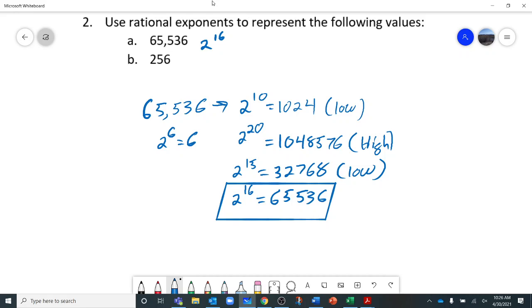That's 64, which is too low. Let's do 2 to the 8th power. 2 to the 8th power is 256. So this one would be 2 to the 8th power.